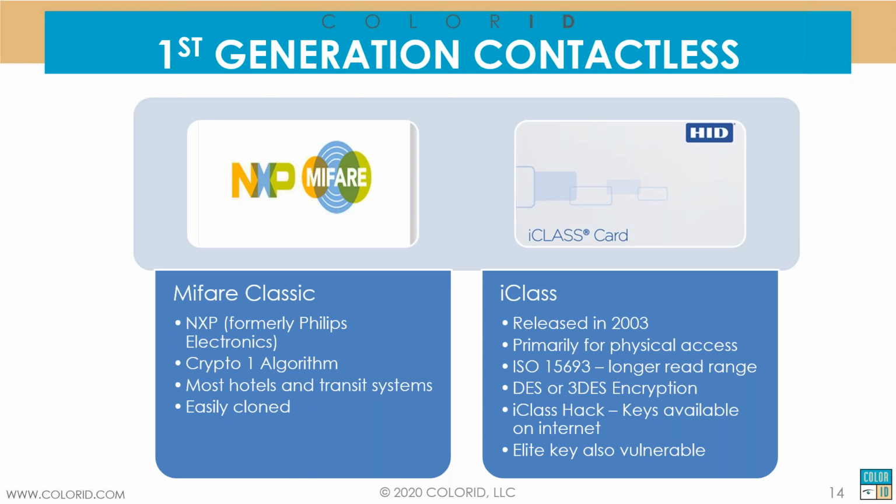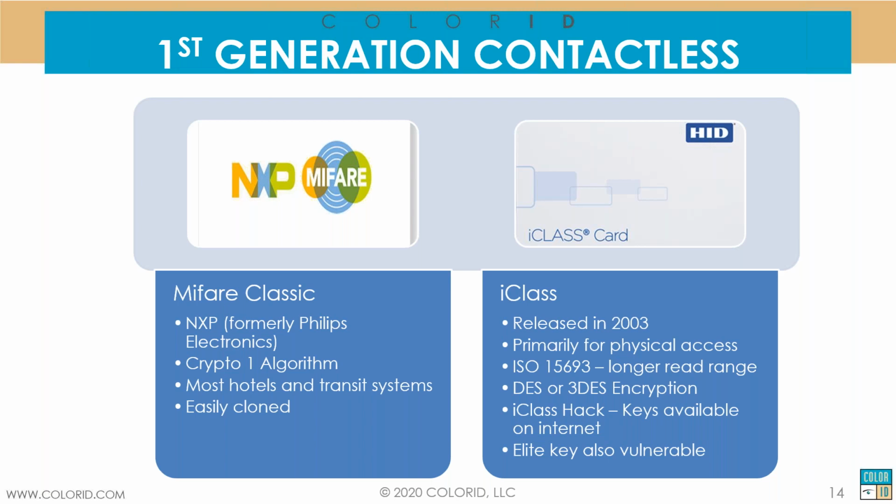HID introduced in response to these other card types. The PROX vulnerabilities were becoming known. NXP had the MIFARE chip. HID introduced the iClass, and it was their first entrance into the secure card world in the early 2000s. It was made primarily for physical access. It had a longer read range than MIFARE, not quite as long as PROX, but the goal was to keep the convenience factor high.